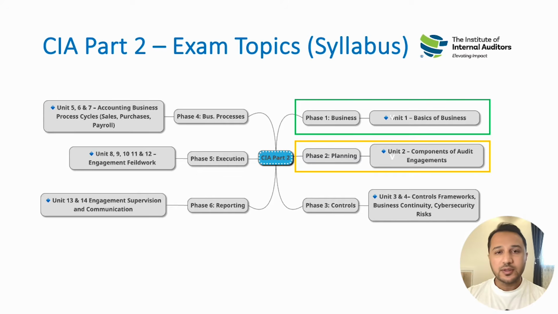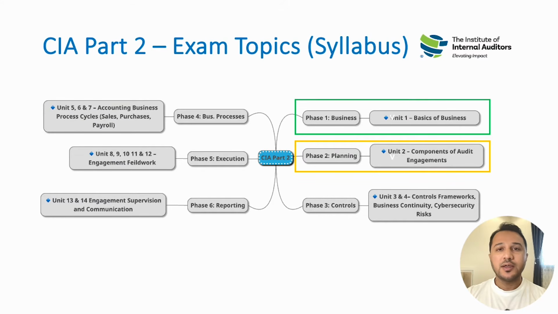Then we move to phase 3, where we try to understand different types of controls and frameworks that are important to have within an organization. As an internal auditor, you have to understand that. Then we move to phase 4, which is understanding the business processes.